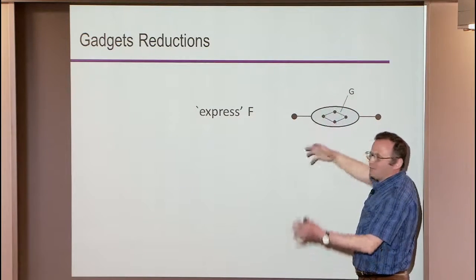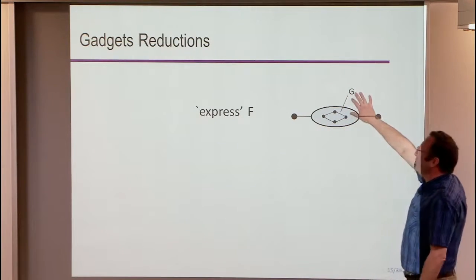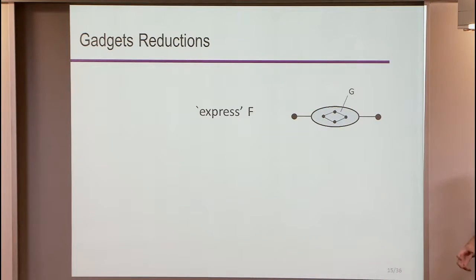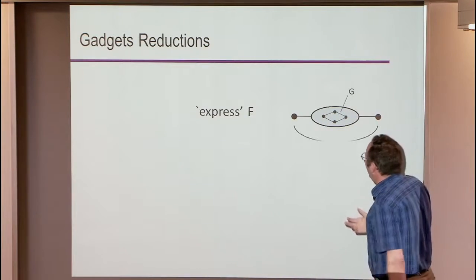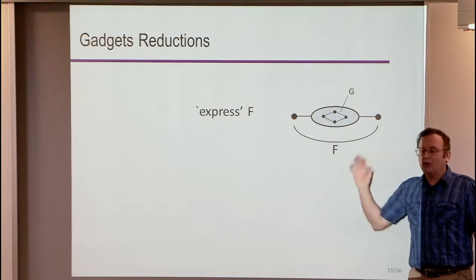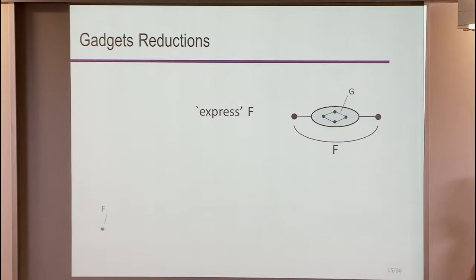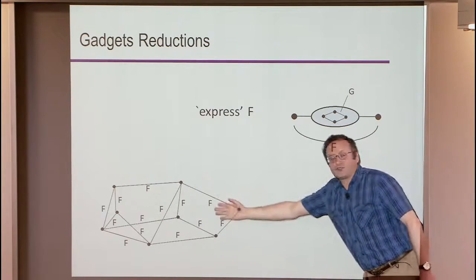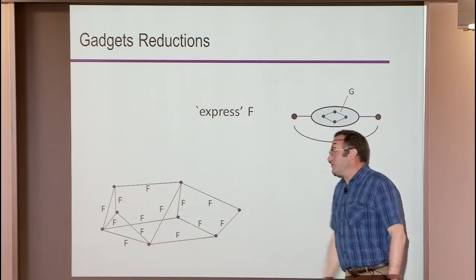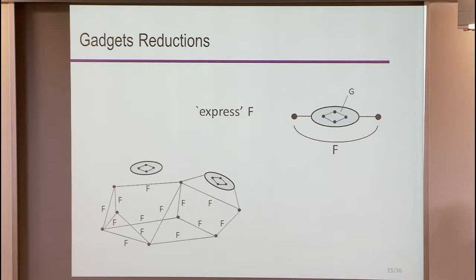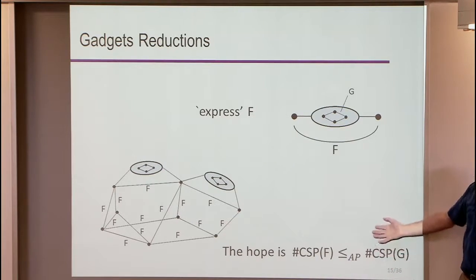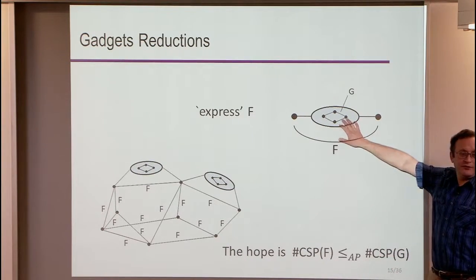We have some kind of construction using this old function g, and we distinguish some vertices in this construction as portals or whatever, and we hope that our construction somehow induces what we want on the portals. Right? And then the idea is, if we do everything right, and we are given a problem over this function f, here I assume it's binary, but it doesn't have to be binary, of course, then instead of every instance of this f, I plug in my gadget, and hopefully this gives me a reduction. Right? So clearly the trick here is to define the gadget in the right way.